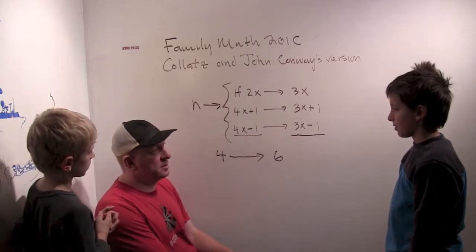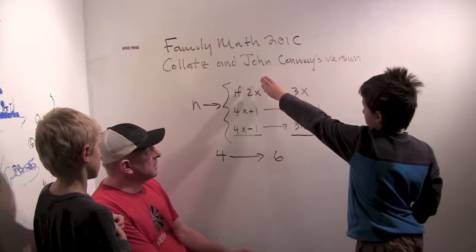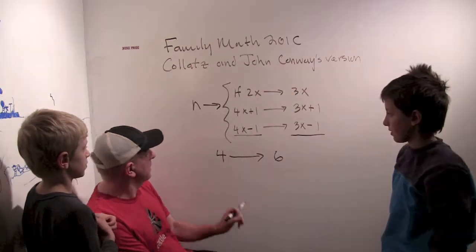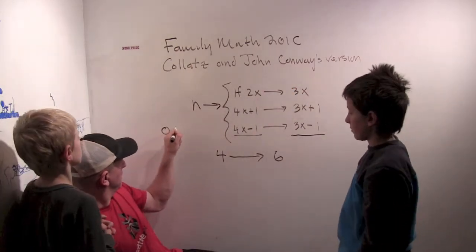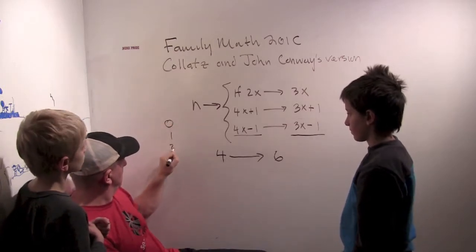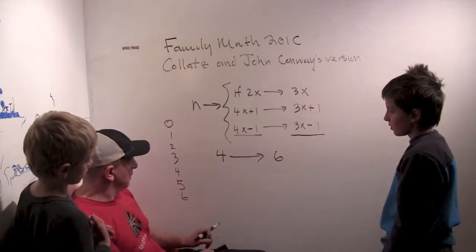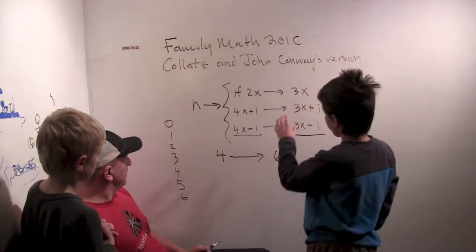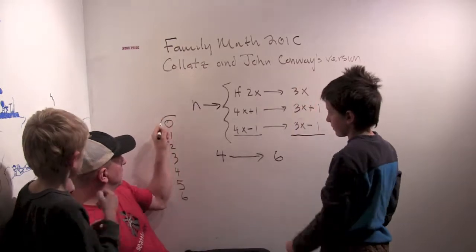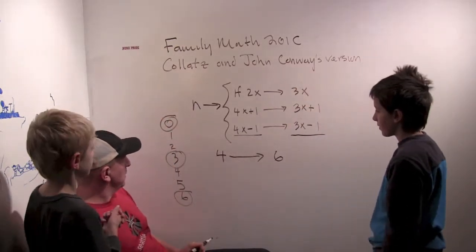I don't know what you mean. Well, like if we say 0, 1, 2, 3, 4. So we have all the multiples of 3: 0, 3 and 6.